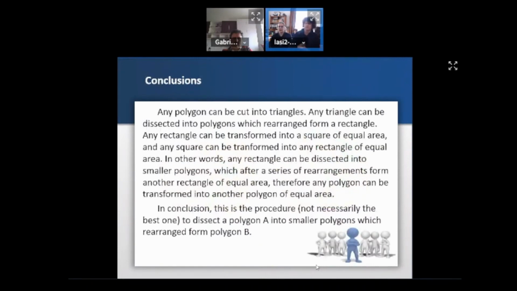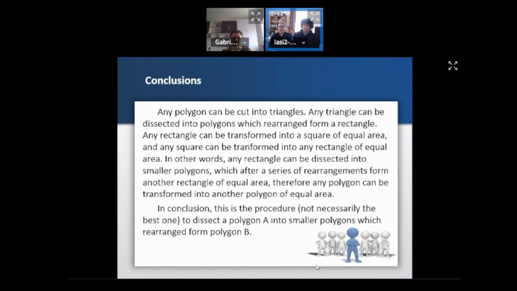So now we can present our conclusions. So we proved that any polygon can be cut into triangles, and any triangle can be dissected into polygons which rearranged form a rectangle. Any rectangle can then be transformed into a square of equal area, and any square can be transformed into any rectangle of equal area.